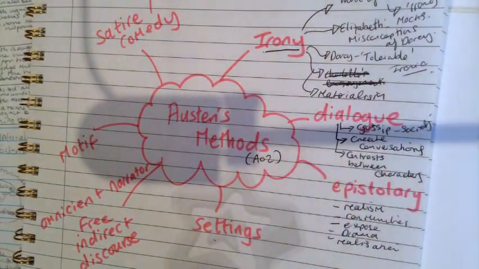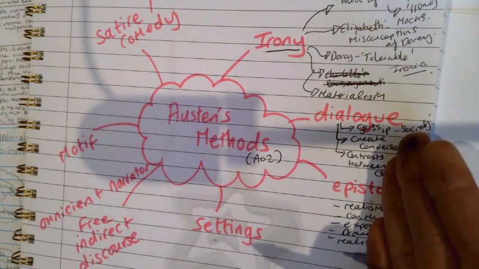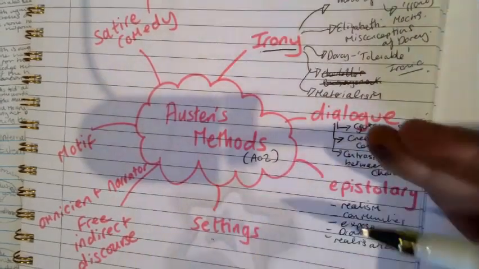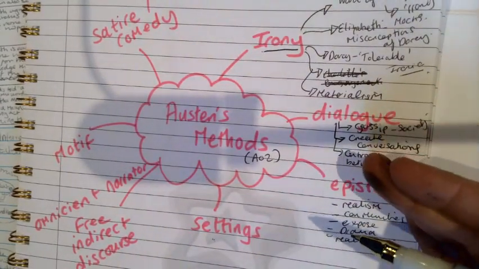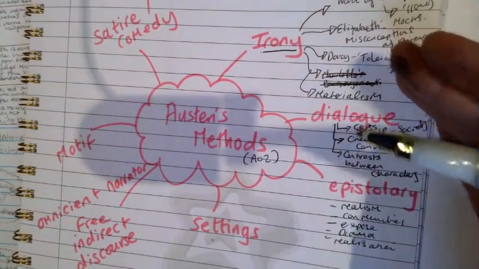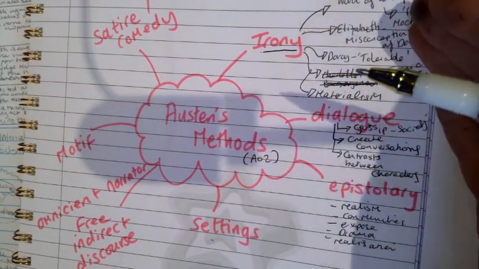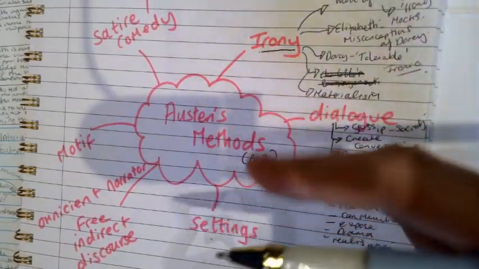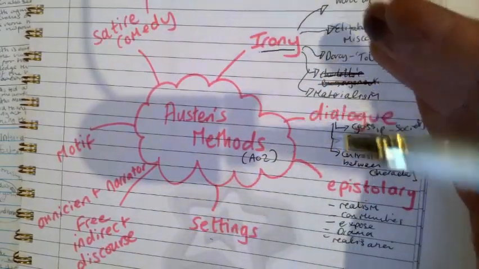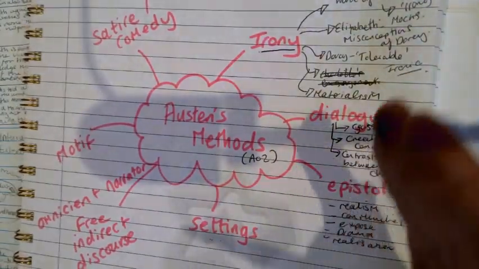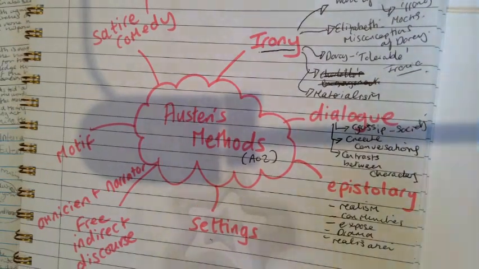Another method that Austen uses a lot of is dialogue, the dialogue between the characters. Dialogue's particularly effective because it helps you to build your characterization. It is part of what the different characters say, and it always reveals something about that character's personality. So that is why Austen uses dialogue between characters.